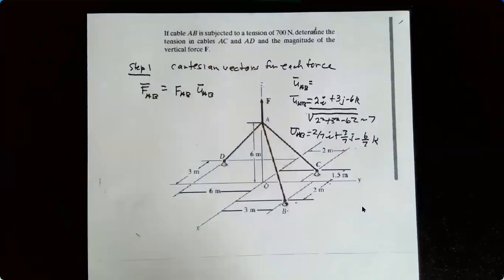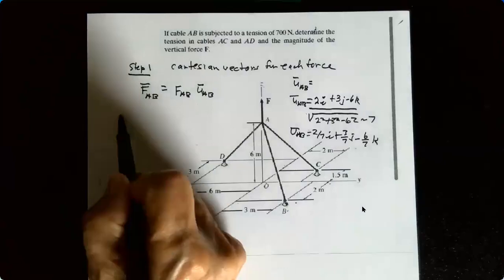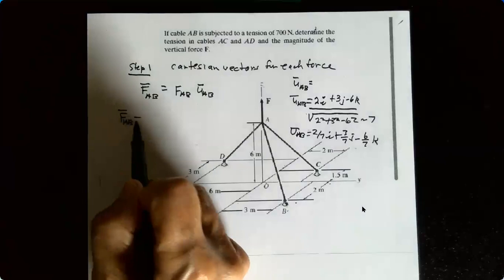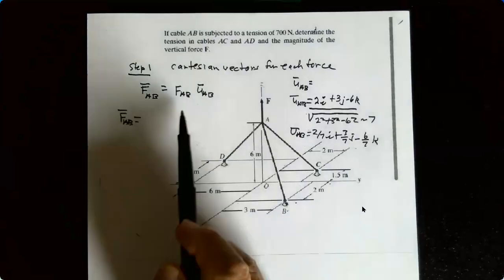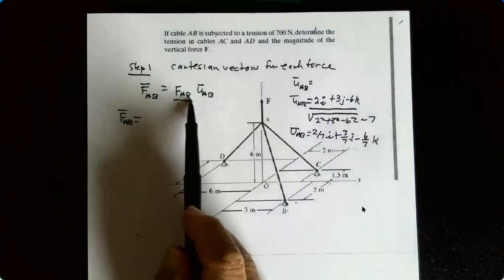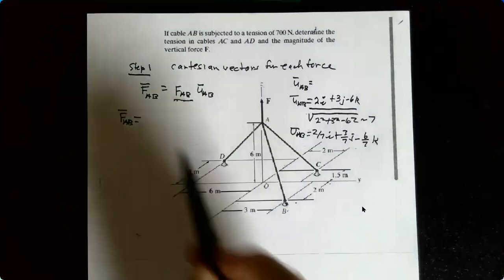Over here, now I want to write the Cartesian vector for FAB. So the Cartesian vector for FAB then is going to be FAB as a scalar quantity, and we happen to know that value.